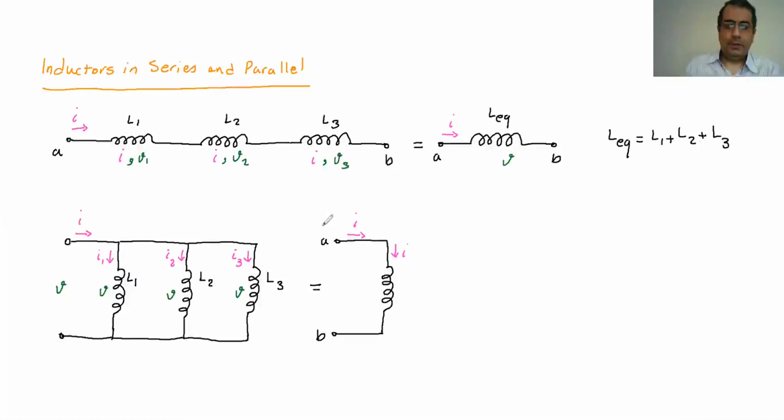And if the voltage between A and B is V, the voltage here is going to be the same V. And then this one is going to be the equivalent inductance.